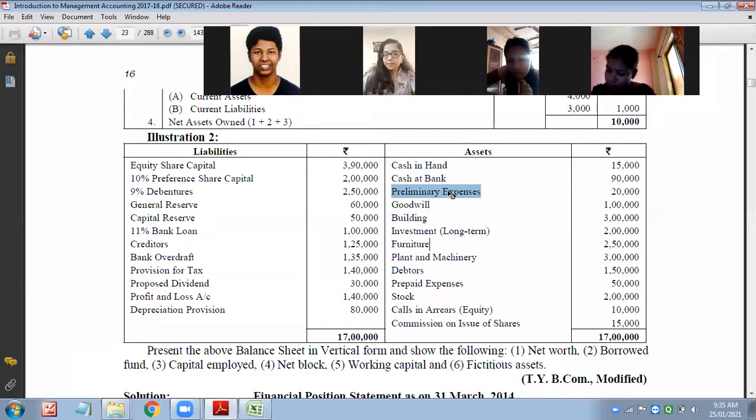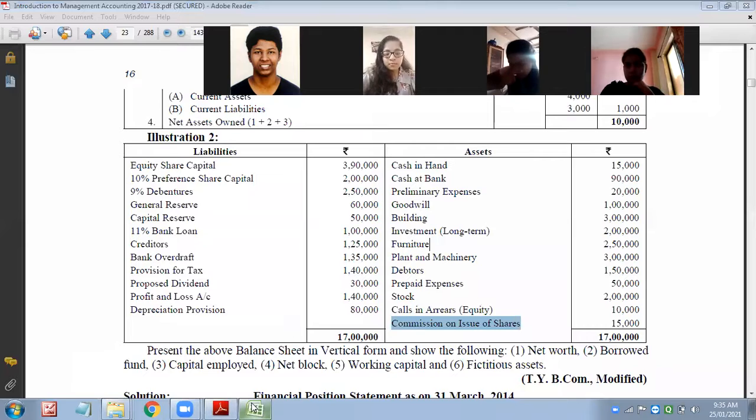So that is why we are writing it as fictitious asset. This is any expenses which we have incurred for issue of shares and debentures, etc. Okay. Now let us proceed next.